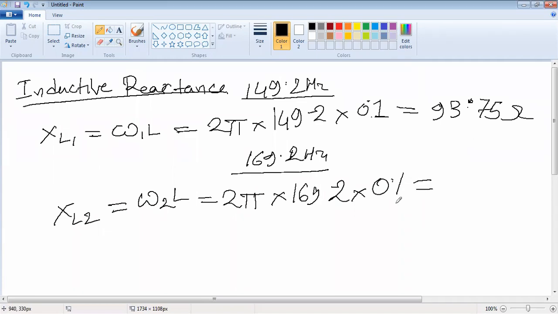If you multiply this, you get 106.31 ohm.